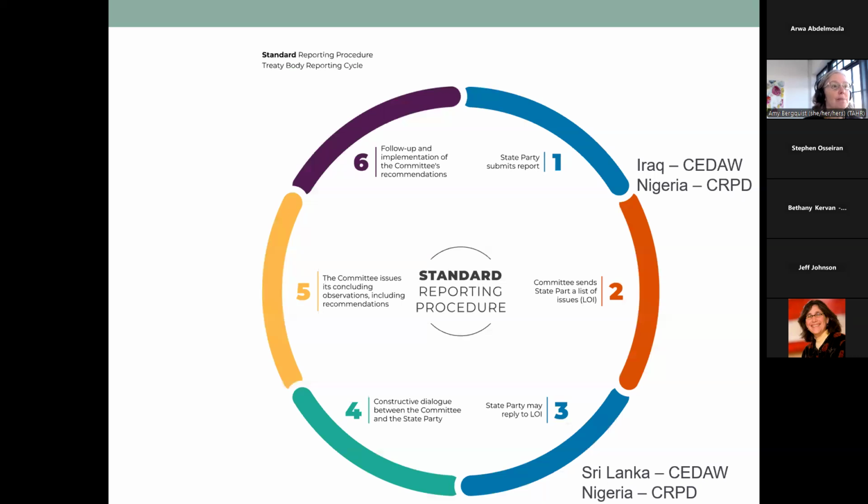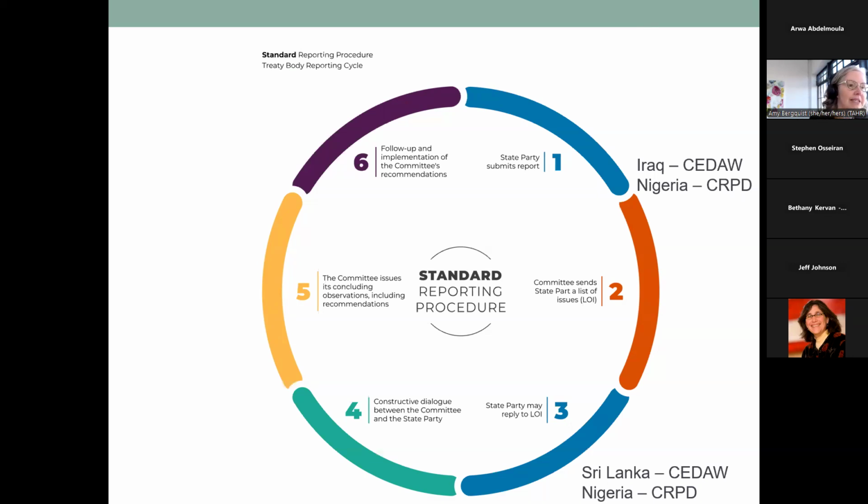So this is the reporting cycle, and this is what we call the standard reporting cycle for the teams I've already communicated with. This is what I highlighted in our toolkit. The reporting cycle is pretty straightforward. There's a standard reporting cycle, and then there's a simplified reporting cycle, and I put on the screen which countries are following the standard reporting cycle and where we are in the process.